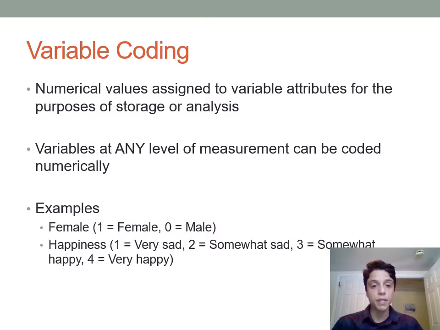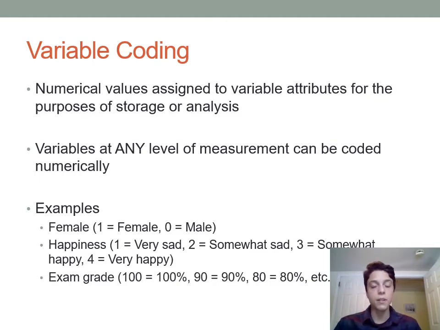Another variable that might be coded would be one that measured happiness on a scale from very sad to somewhat happy to very happy. And so this would be an ordinal level variable, where we have different categories of happiness and sadness that are in order from least to most. Typically, when you have an ordinal variable, you just assign numbers to them in the order that the categories appear. So here you could code it 1 equals very sad, 2 equals somewhat sad, 3 equals somewhat happy, and 4 equals very happy.